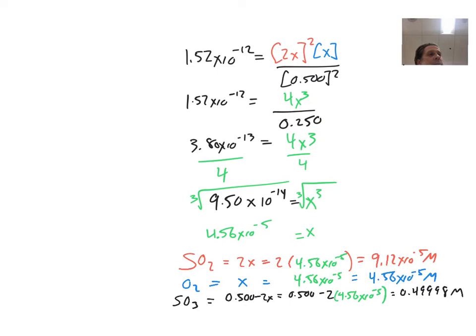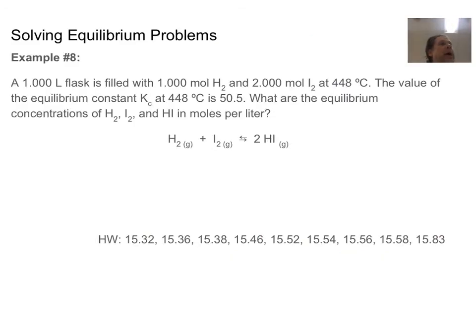So I'm going to take the amount that would be left over, which is 0.499, and divide it by 0.500, which will give me roughly 99.8% left over, which is good because it's significantly less than 5% that would be used. So this method works.